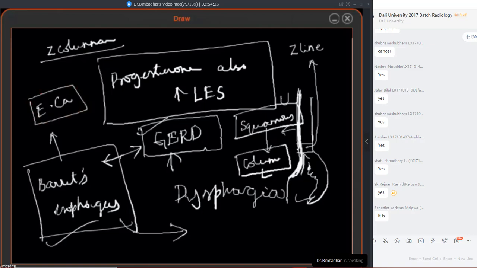Yes or no? So anything that is happening in the same cell lineage, what kind of carcinoma will it cause? What kind of carcinoma will it cause? The simple answer is nothing but your adenocarcinoma.